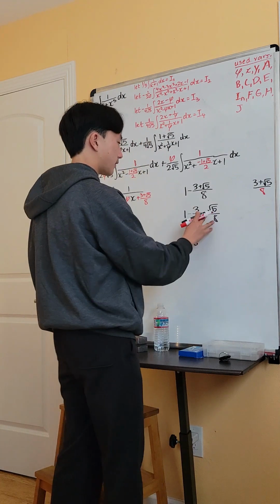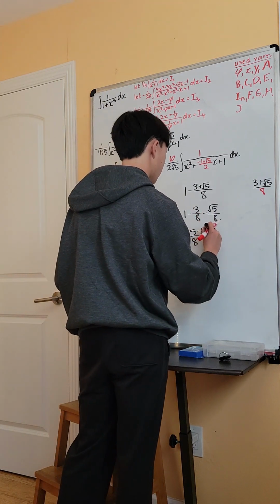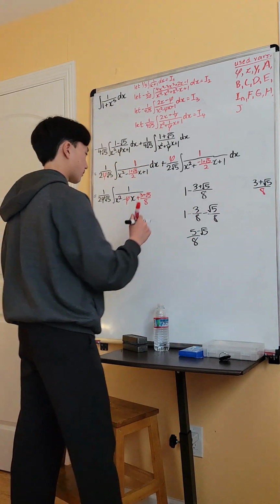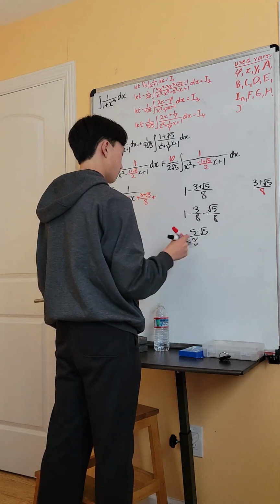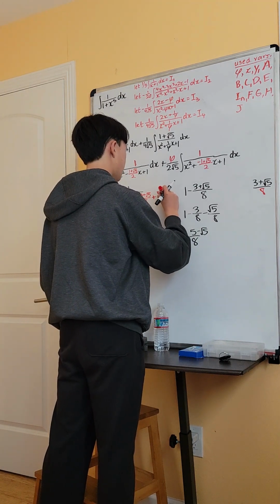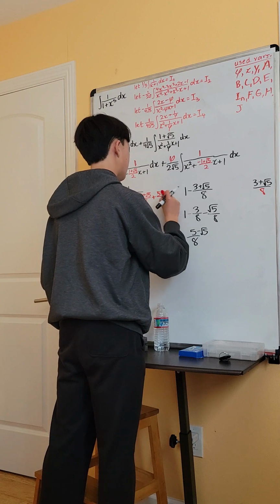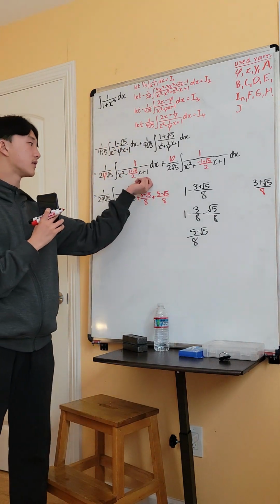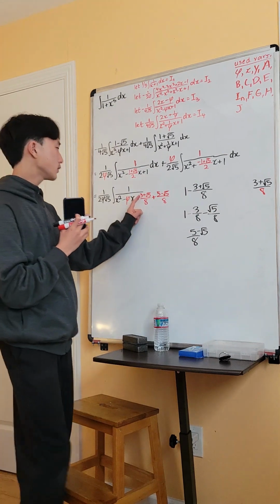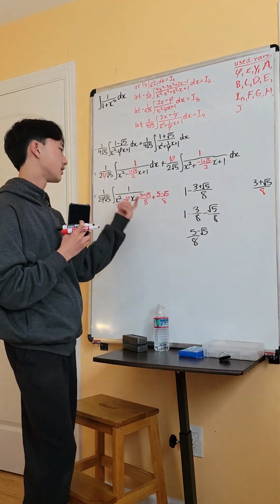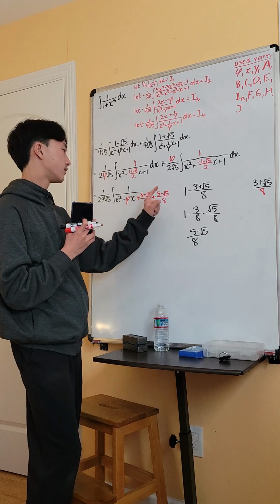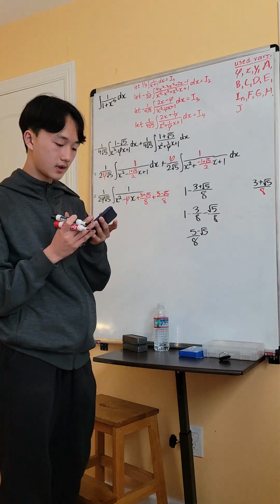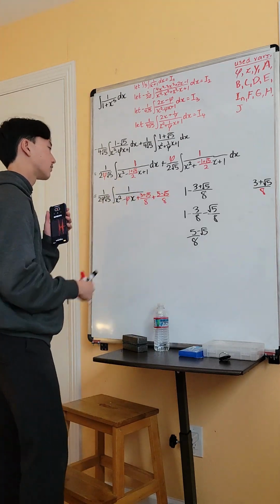And then you can combine the fractions since they're both over 8. You get 5 minus root 5 over 8. To check that these add back up to 1, since that's where these two both came from: 3 plus 5 over 8 is just 1. And then positive root 5 and negative root 5 over 8 cancel each other out.